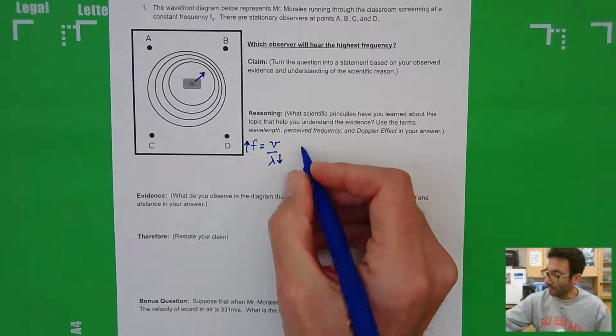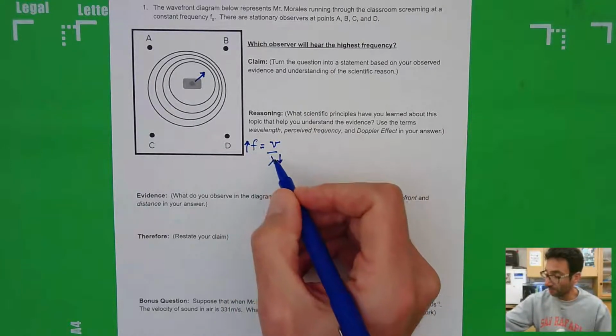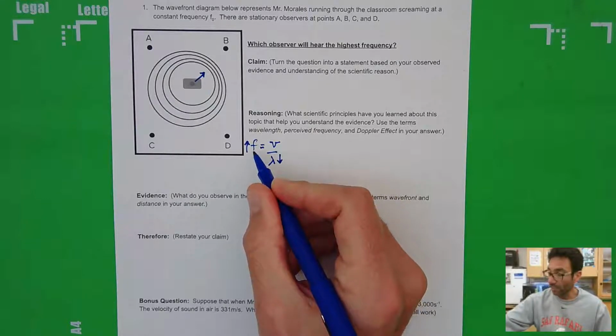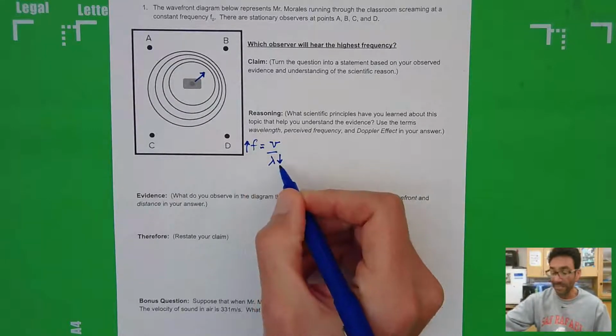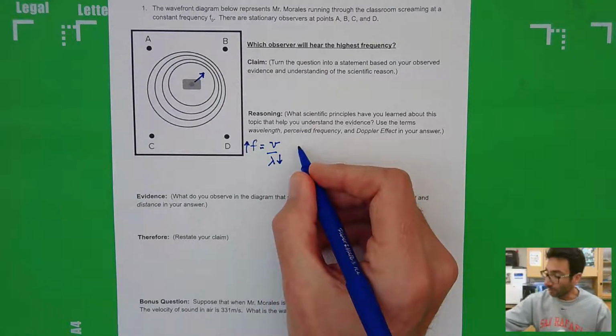So we want to say that according to this formula, frequency will increase as wavelength decreases. So let me just put that into a sentence.